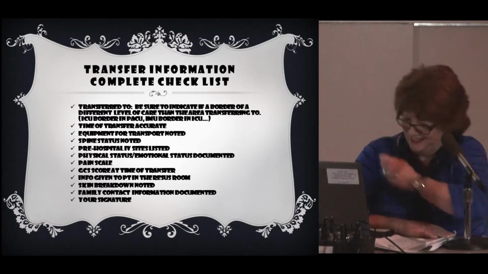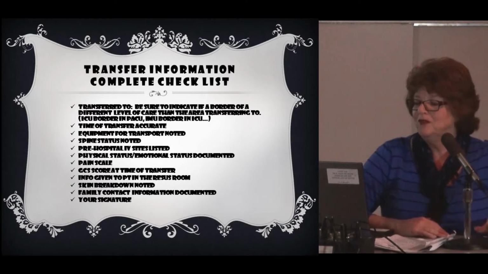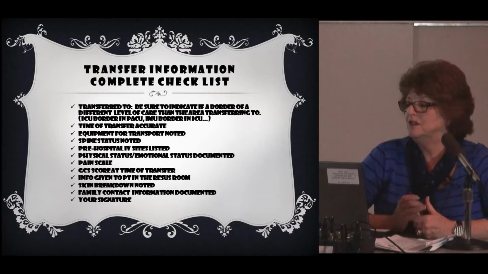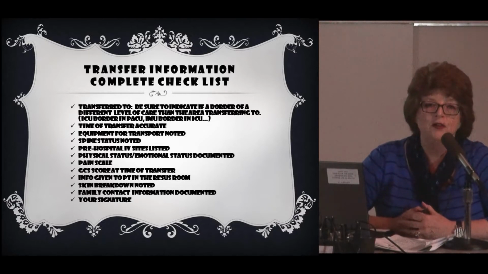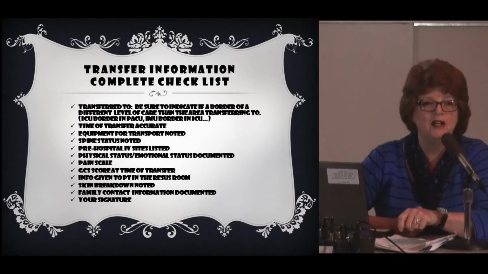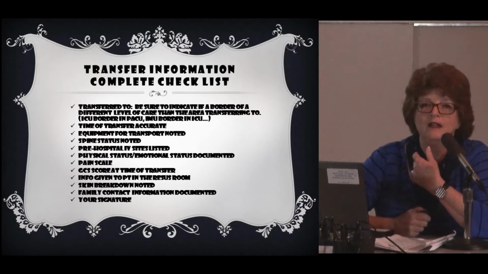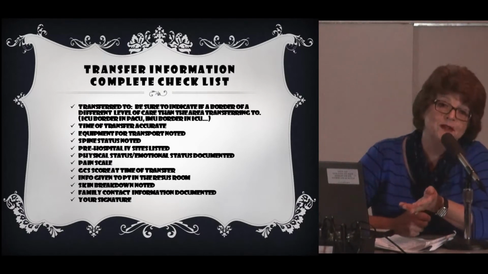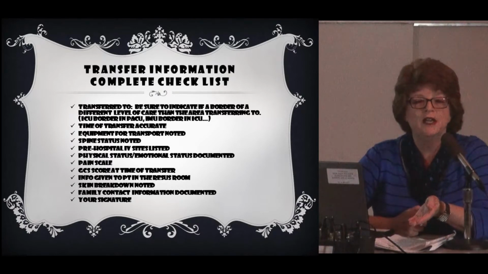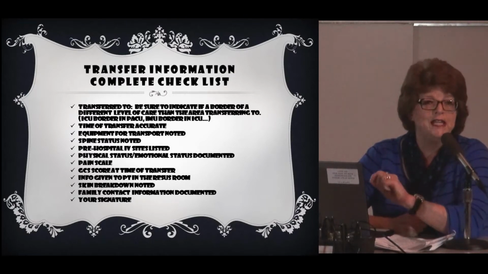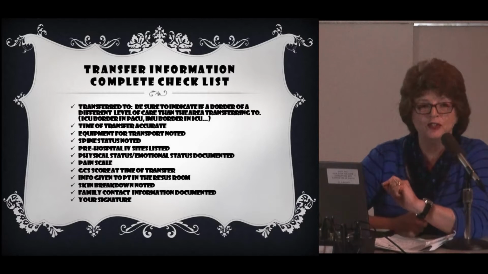And here's the checklist. It's transfer where they're going to, and that should include whether they're a boarder there. I know sometimes the trauma patients that are ICU patients have to go to the PACU as an ICU boarder, sometimes even an IMU boarder. A lot of times you'll get IMU patients in the ICU. So be sure you're marking down the level of care they actually are.